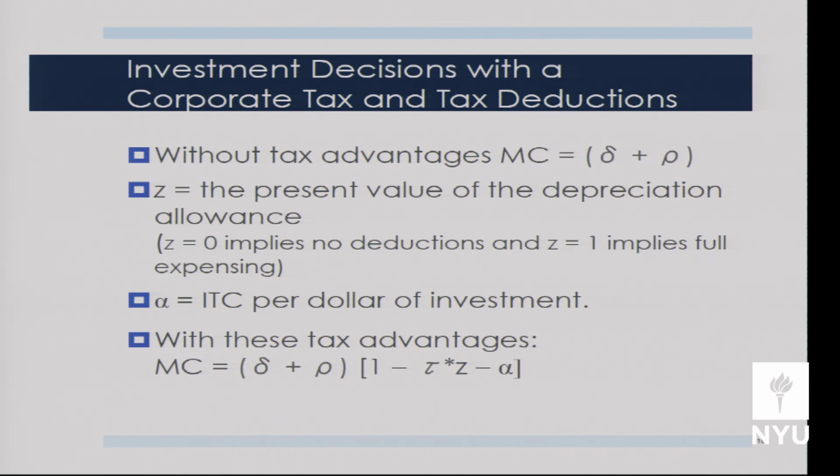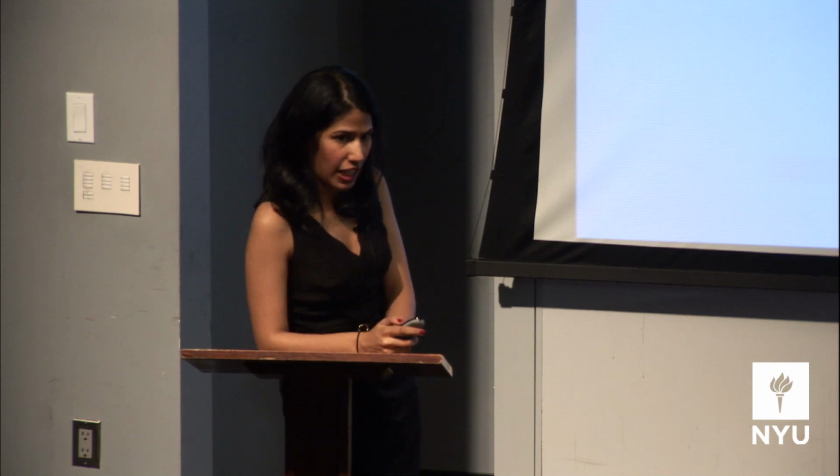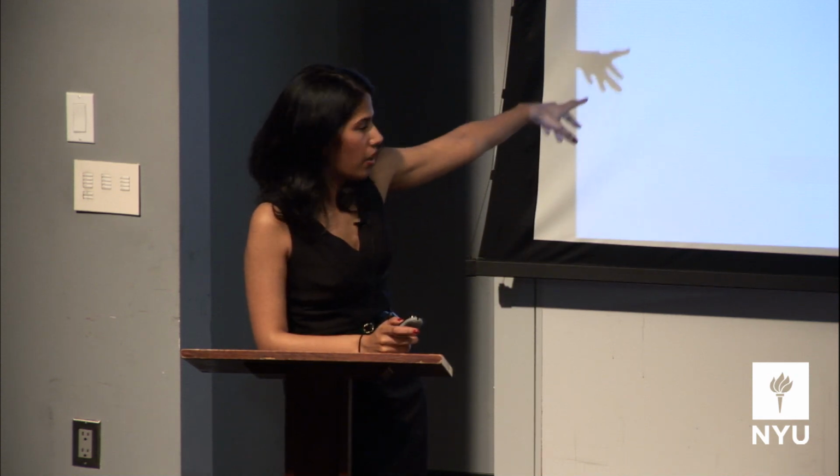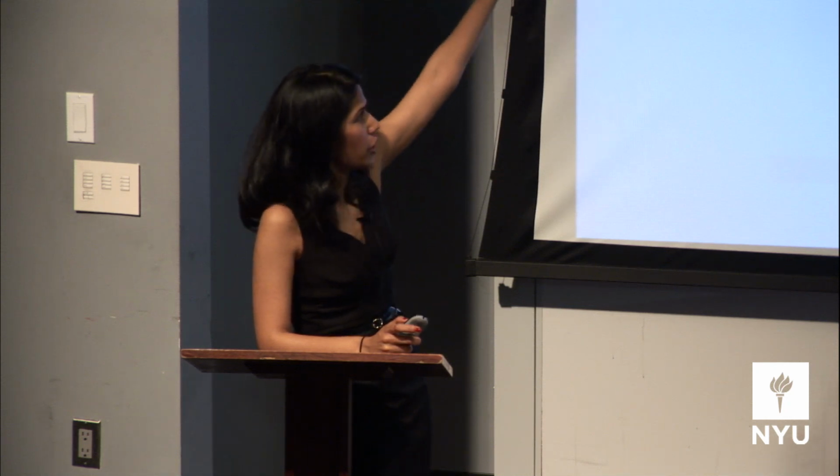Because Z times delta plus rho is what we get to deduct in PDV terms, and then we multiply that by tau to get the tax savings. Okay, and we get alpha per dollar of investment, so alpha times delta plus rho is the tax savings from the investment tax credit. This is the new marginal cost. You can see that it's lower than the original pre-tax-advantages marginal cost.